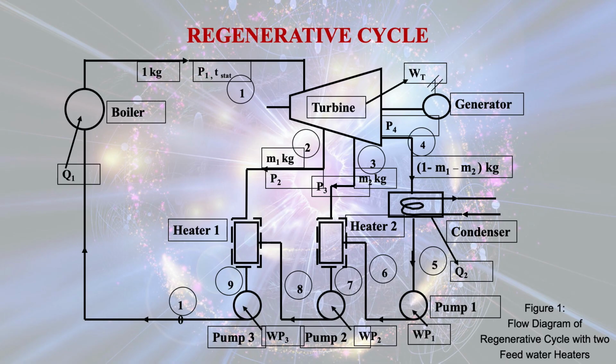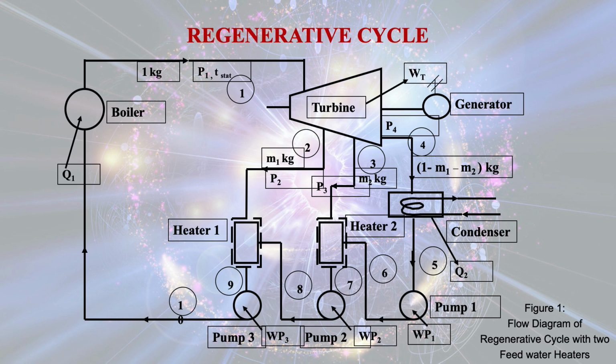This is the flow diagram of regenerative cycle with 2 feed water heaters. You just see that 1 kg of steam coming out from the boiler enters at state 1 into the turbine. The pressure at state 1 for the steam is P1.